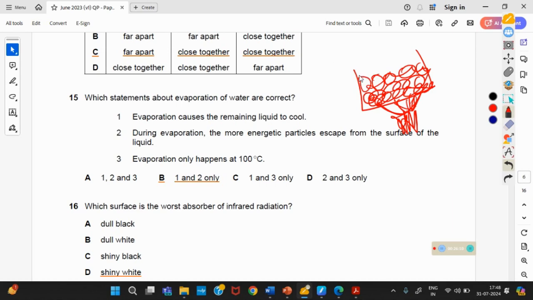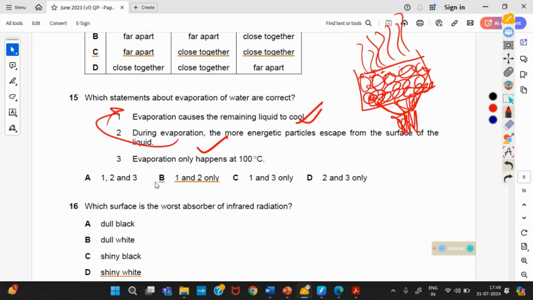All the molecules having more energy will come to the surface of the water and they will evaporate. So evaporation causes the remaining liquid to cool, because the molecules which have more energy or more temperature will leave the surface. Now statement 2 says during evaporation the more energetic particles escape from the surface of the liquid. Yes, this is the reason.